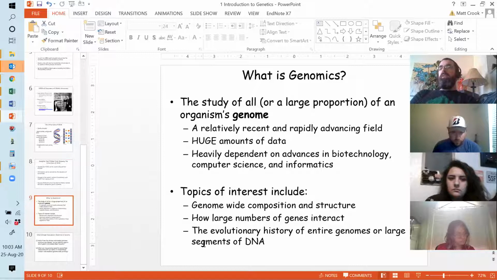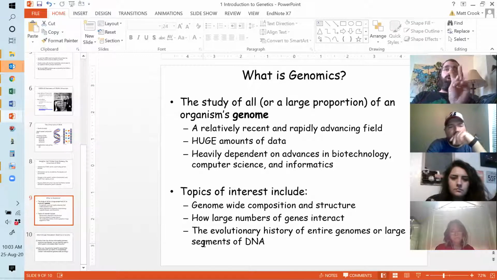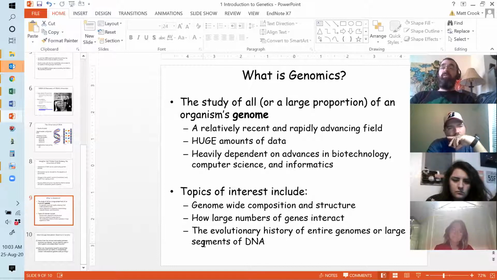And then once we started with PCR, then, okay, now we can start thinking about not just 1 or 2 genes or 3 genes or whatever. Now we can think about all the genes of an organism. And really that's the field of genomics. And so that's something which is at most 20 years old, right?